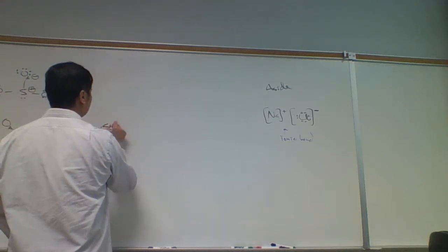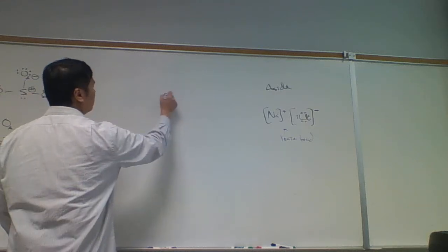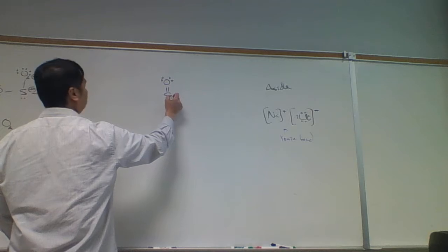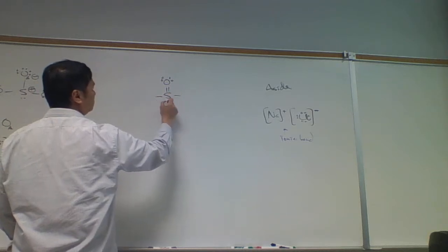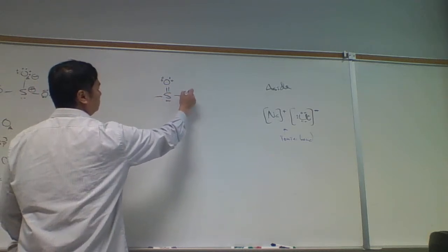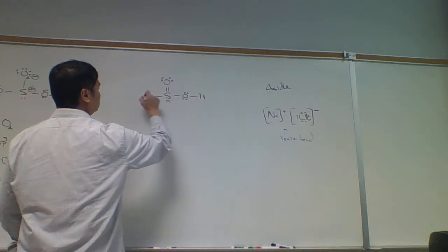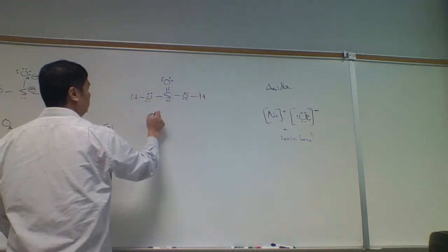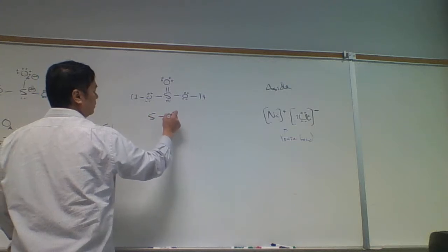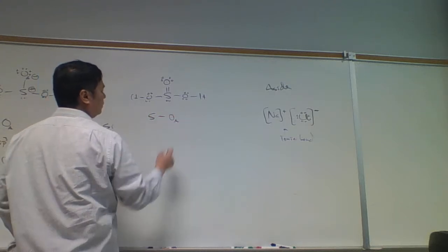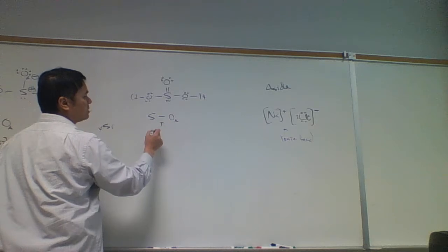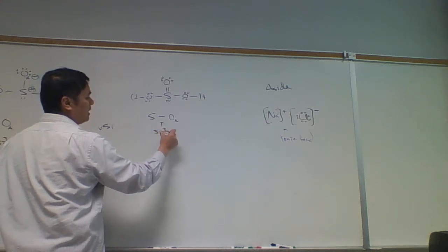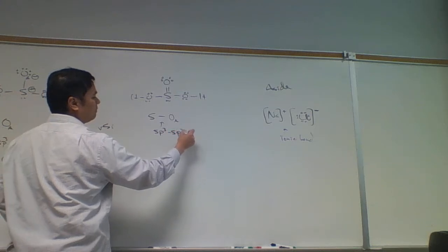Okay. All right, versus this. If we were to expand the octet, what we're going to just have is this. Well, one bond is going to be the sp3, sp2 sigma.